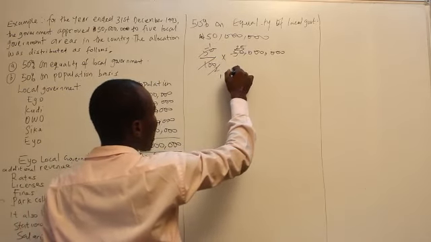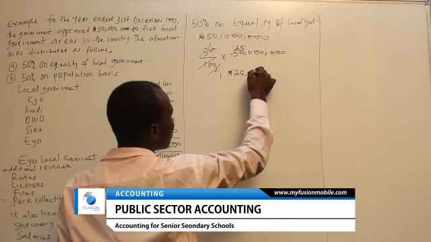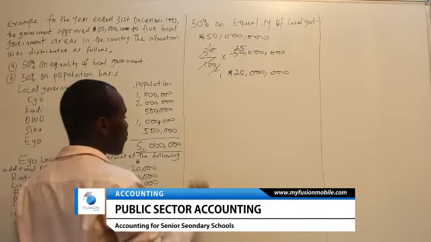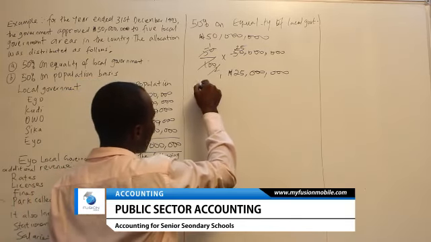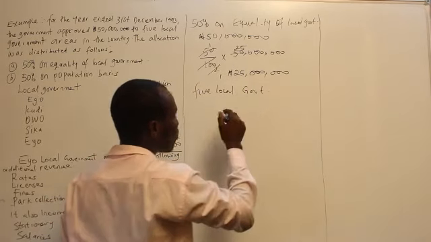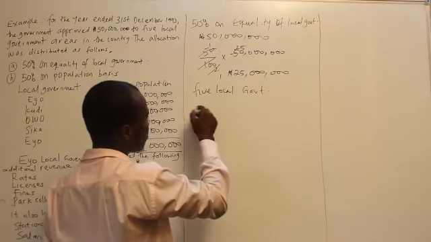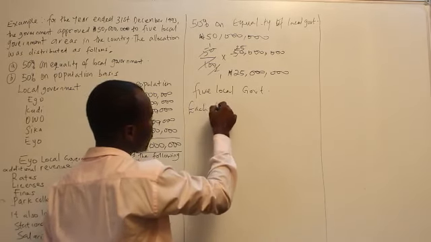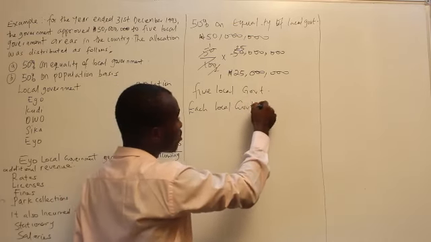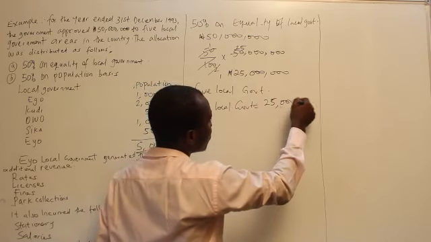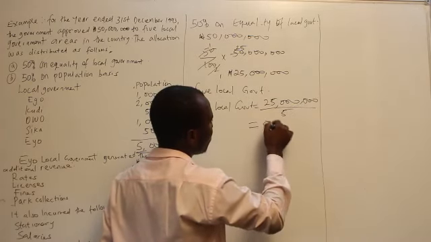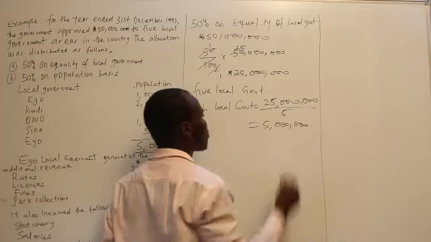So the amount to be shared between the 5 local governments will be 25 million naira on equality basis. Each local government is going to receive 25 million over 5, which gives 5 million naira for each local government.